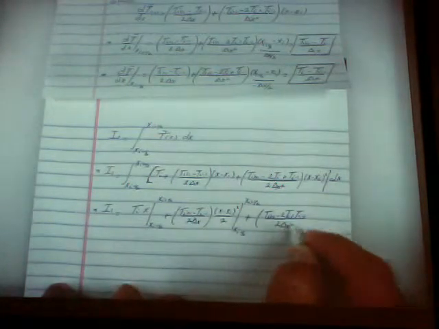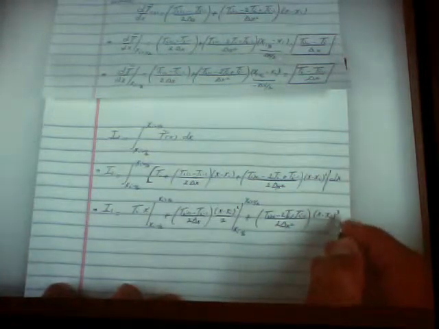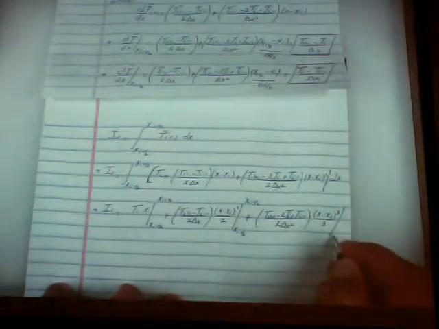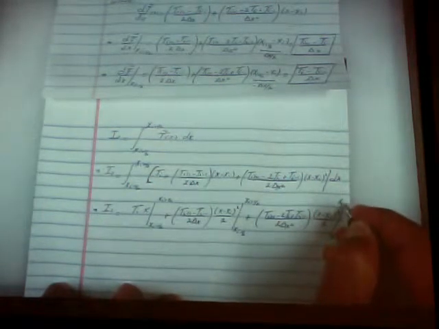And the last one is all a constant: (x - x_i) cubed divided by 3, again evaluated between x_{i-1/2} and x_{i+1/2}.